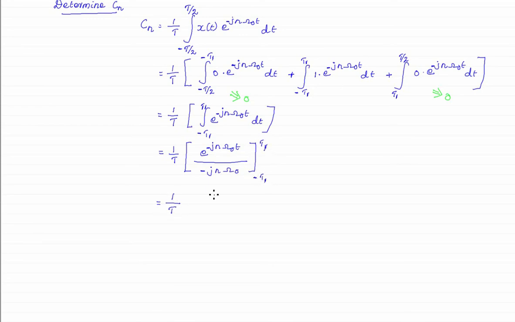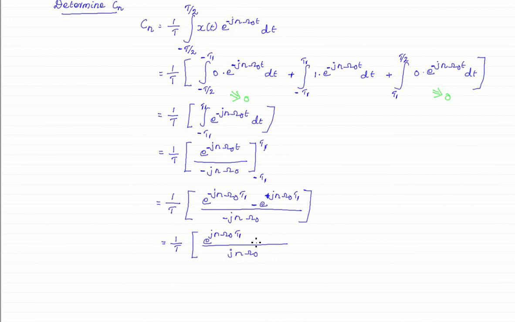Now we are applying the upper limit and lower limit, that is e power minus jn omega naught T1 minus of e power minus jn omega naught of minus T1, divided by minus jn omega naught. Now we are going to rewrite this expression like this.